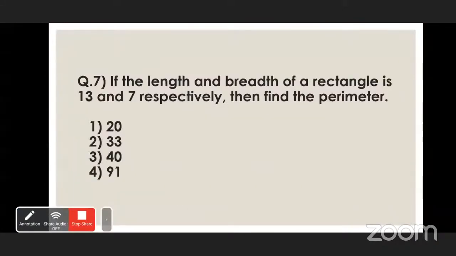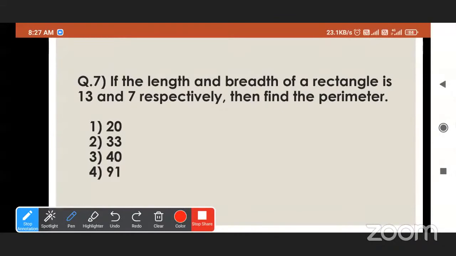Okay, now read question number 7. If the length and breadth of a rectangle are 13 and 7 respectively, then find the perimeter. So here length and breadth are given. How do we find the perimeter of a rectangle?